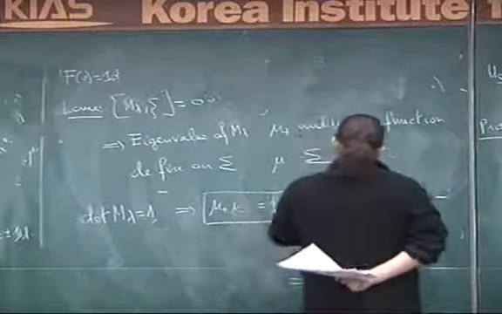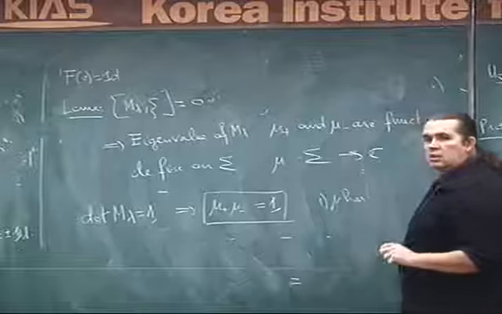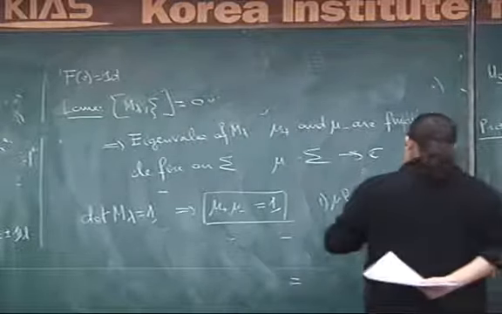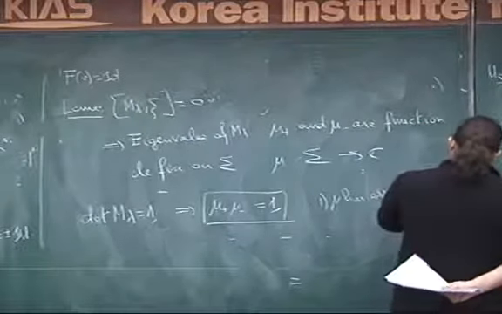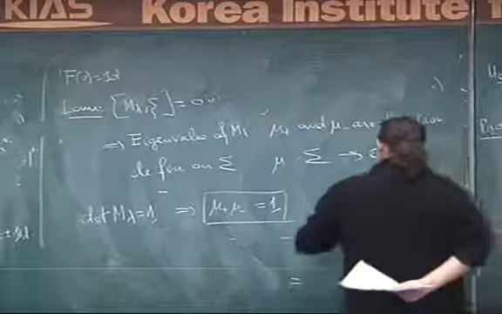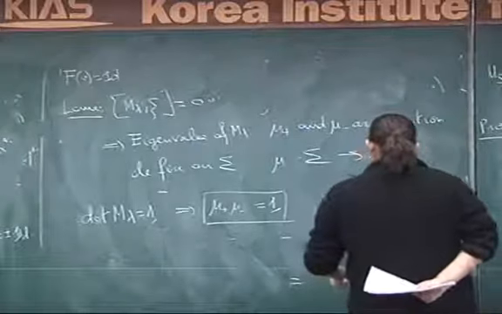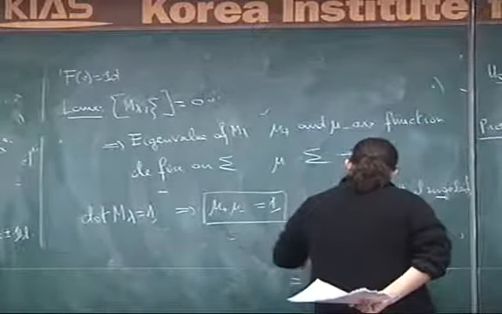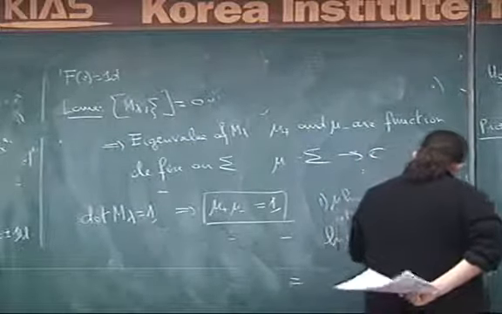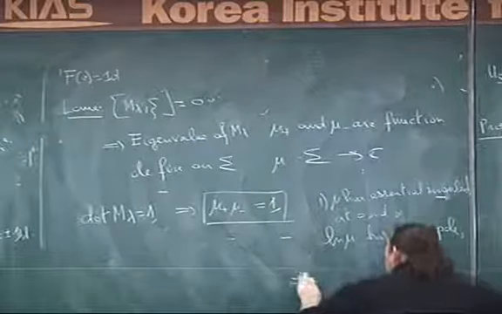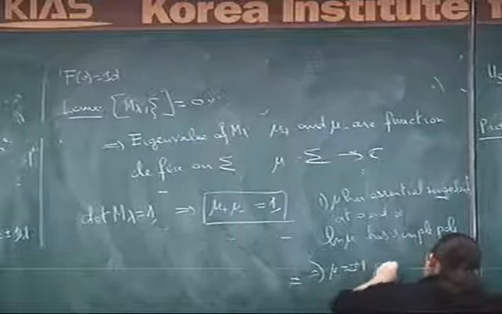First, mu has an essential singularity at 0 and infinity, such that log mu has a simple pole. The second is that mu is plus or minus 1 at each branch point.